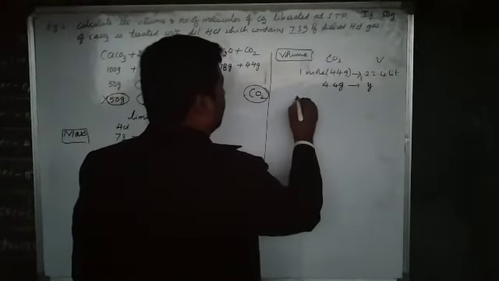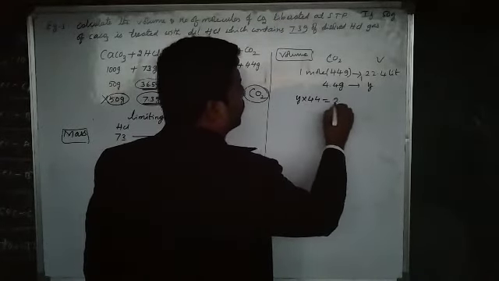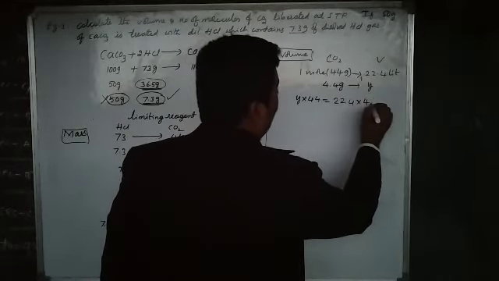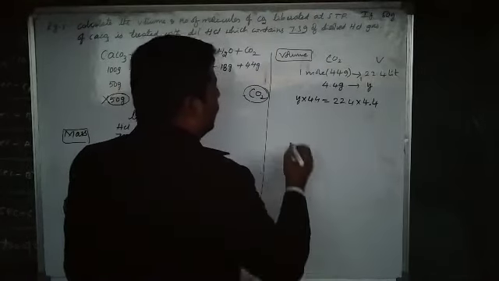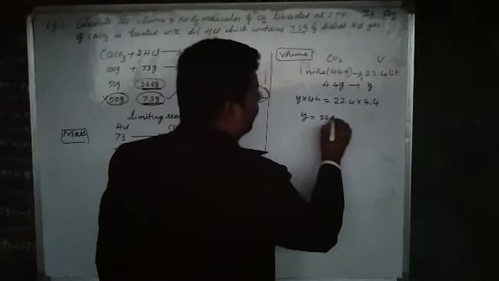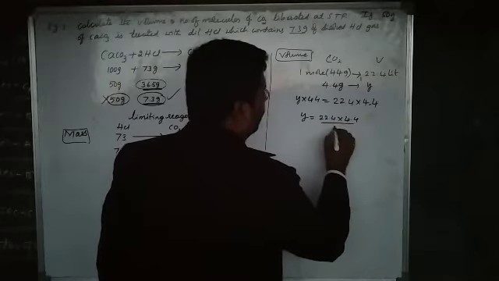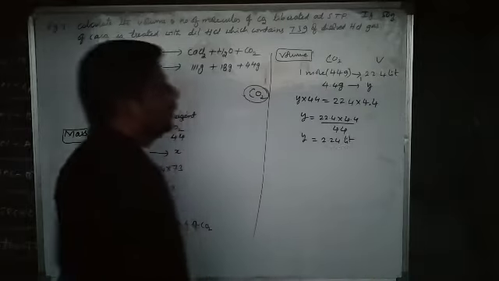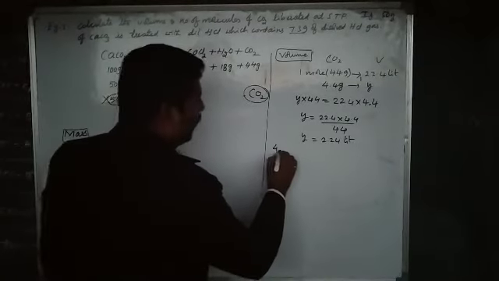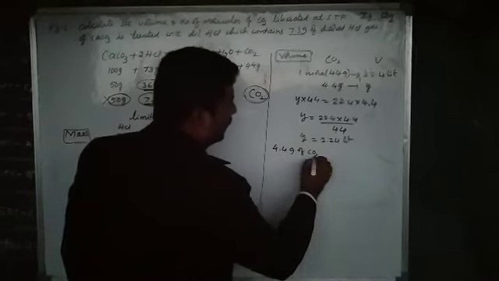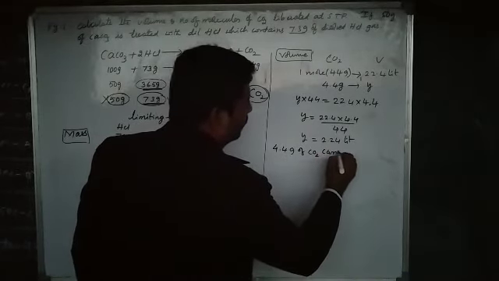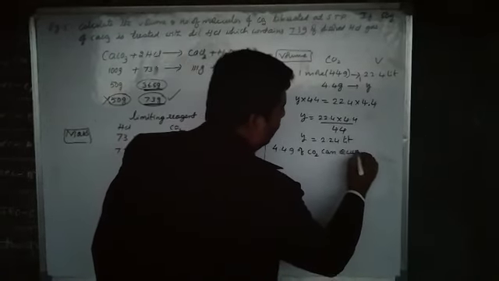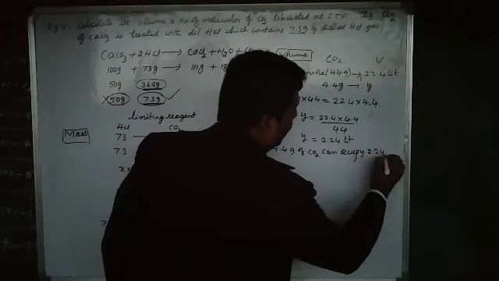So do cross multiplication. Y into 44 is equal to 22.4 into 4.4. Y is equal to 22.4 into 4.4 by 44. Y is equal to 2.24 liters. That means 4.4 grams of carbon dioxide can occupy 2.24 liters of volume.